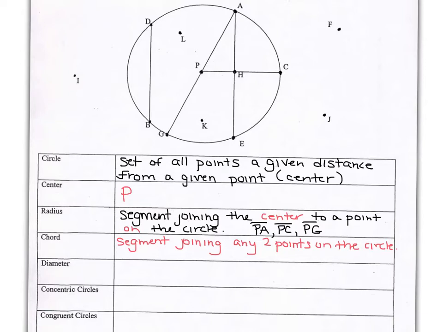In our diagram from above, DB is an example, AG, and AE.